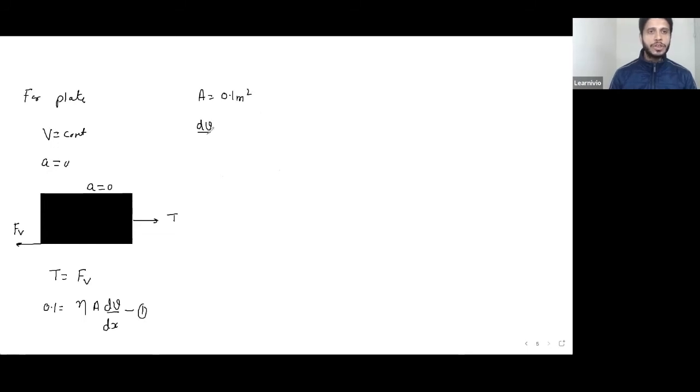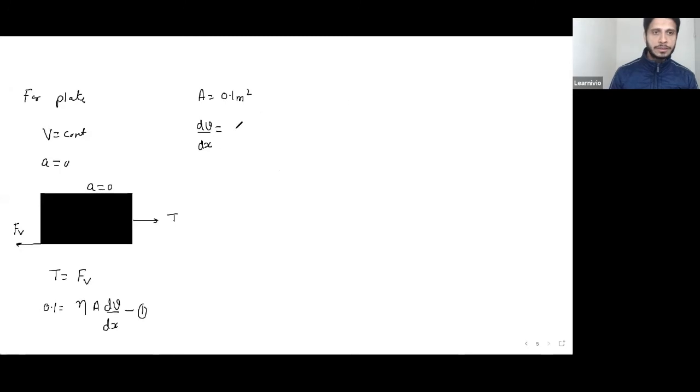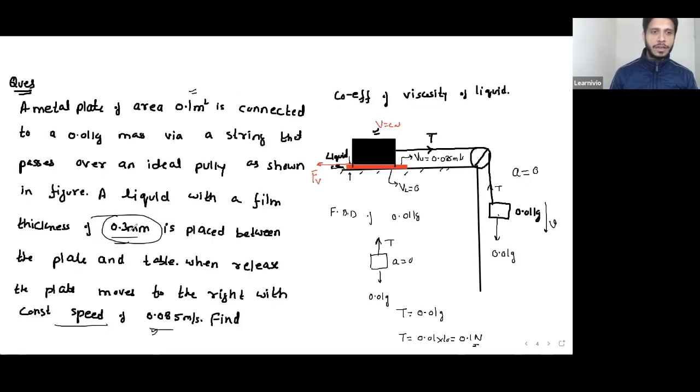Change in velocity with respect to position: change in velocity is this. The difference between the velocity at the bottom and the upper portion of the layer is this 0.085. And the separation is actually the thickness of the layer. So dV over dx is 0.085 divided by dx, thickness of the layer, 0.3 mm.